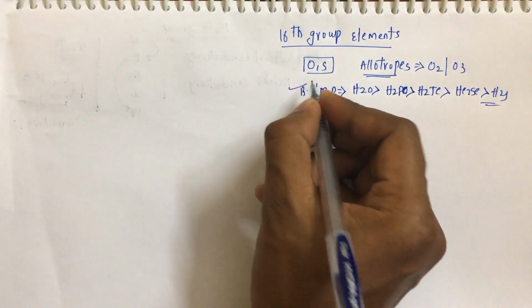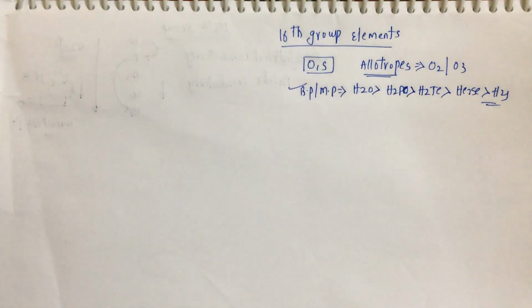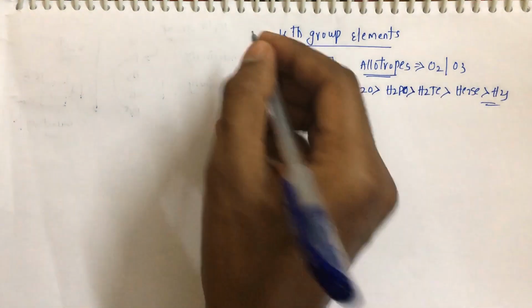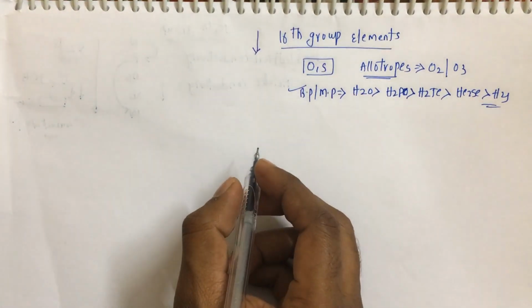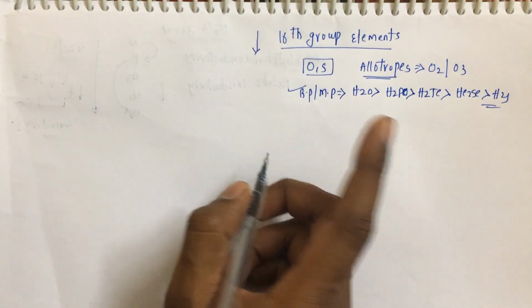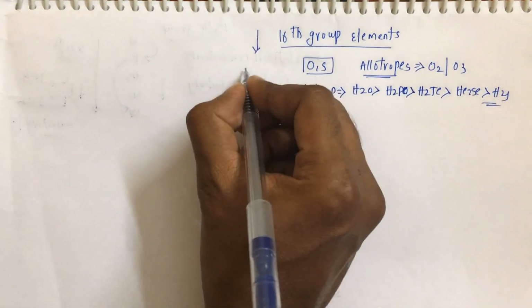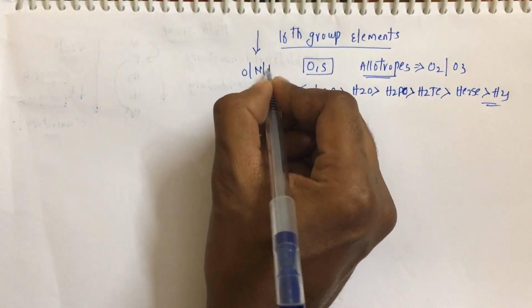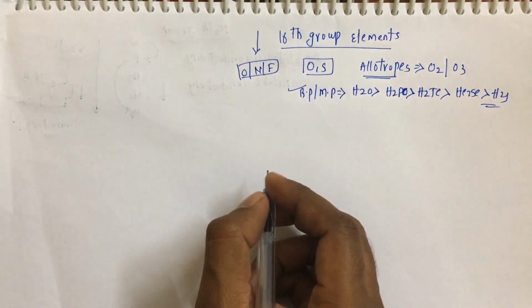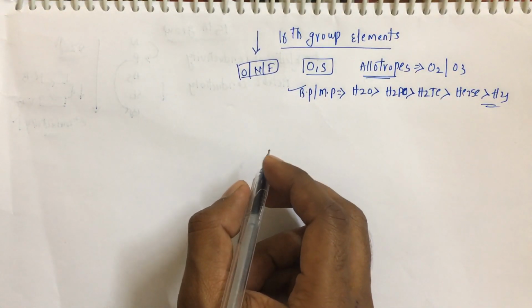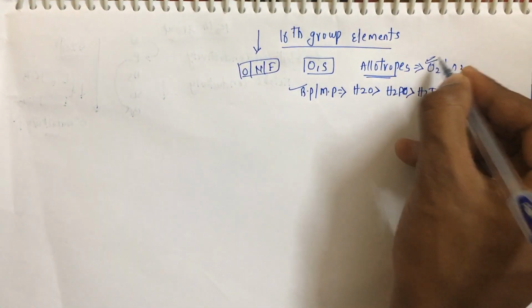If you have not seen that video, please watch it, then it will be clear why generally in the groups, from top to bottom, boiling points increase, but in the case of oxygen, nitrogen and fluorine groups it does not happen. Okay, so I have explained it there, and we directly go to molecular oxygen.